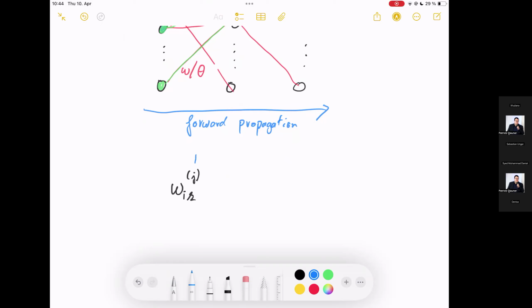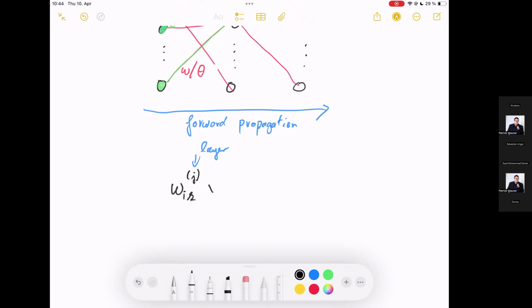The j is the layer, and the ik maps, or is the corresponding weight, from one unit to the other unit in the next layer. And I have the corresponding inputs.